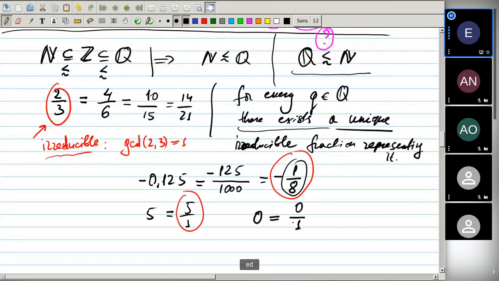Yes, 0 over 1. Why 1? Because the greatest common divisor of 0 and 1 is 1. And if you take, say, 0 and 2, then, of course, the greatest common divisor will be 2, because 2 divides 0. 0 is divisible by 2. Do you agree?